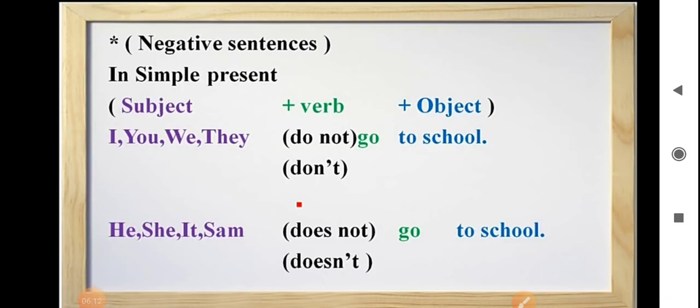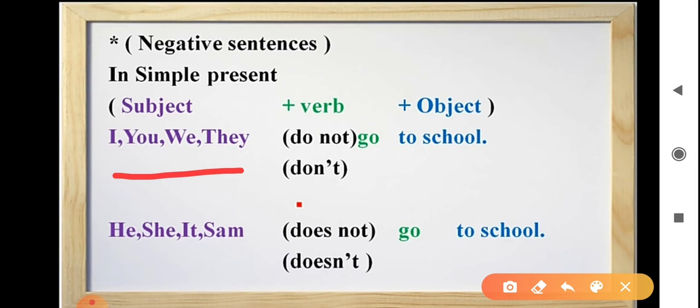For negative sentences in simple present tense, we use do or does with a negative word. Do is used with plural subject, does is used with singular subject. See examples. I do not go to school, you do not go to school, we do not go to school, they do not go to school.